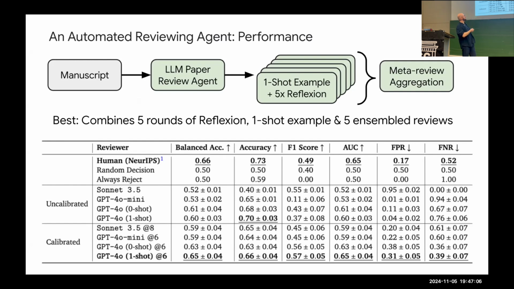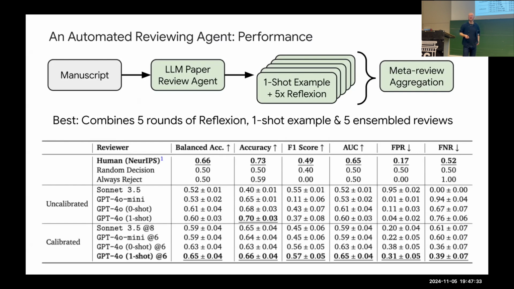And what we're showing you here, in the table, is how well different foundation models, namely Sonnet 3.5 as well as GPT-4o versions, score at criticizing or reviewing these ICLR papers. We have a score for the balanced accuracy, where you can see that humans get 66%. So basically there is intra-human disagreement.